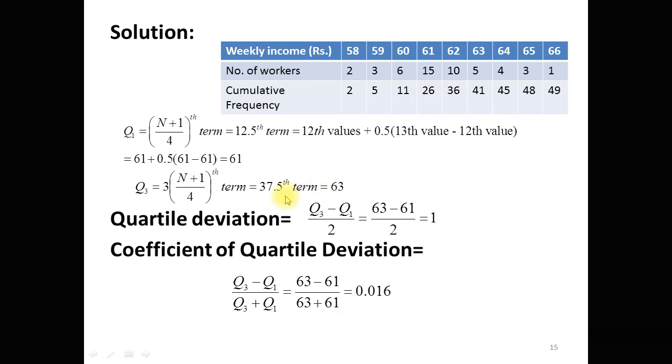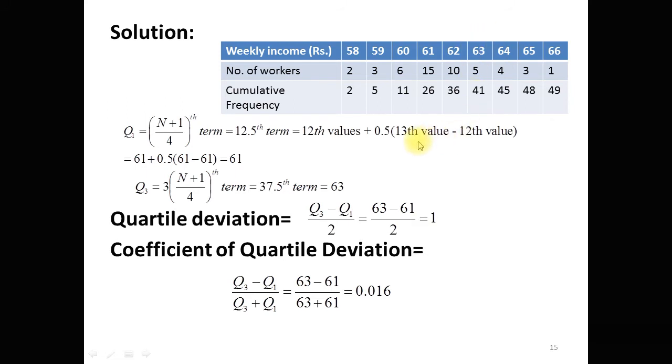So dear students, note that the 37.5 position lies in this range, this is the cumulative frequency. This range shows that from position number 37 to position number 41, the value 63 lies.